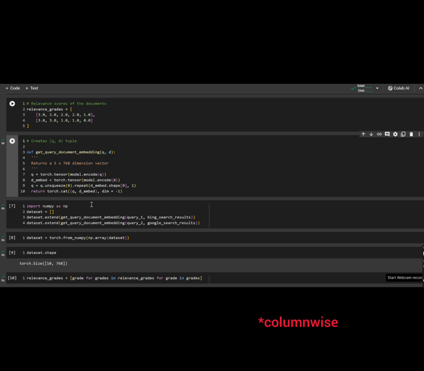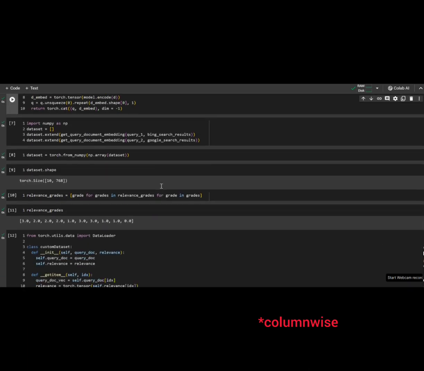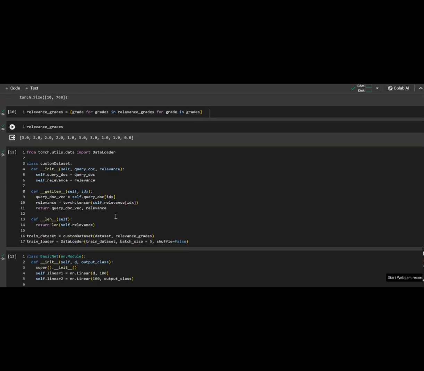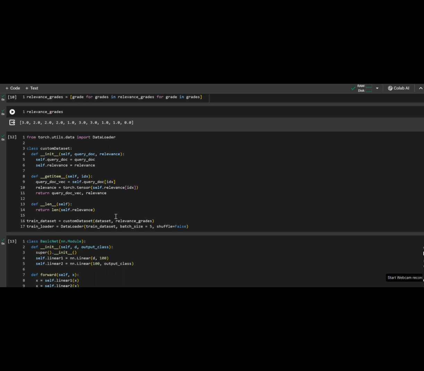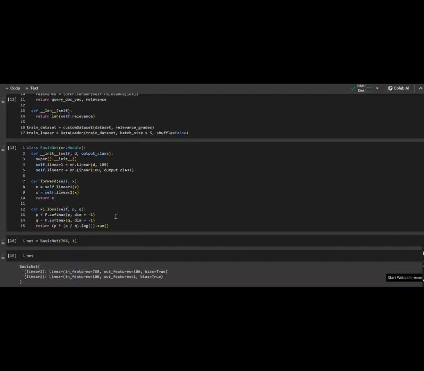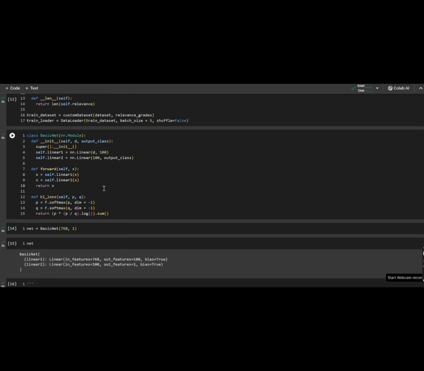And this is the custom data loader, and the batch size should be the total number of documents in a given query. And this is our ListNet architecture. This is a custom ListNet, totally a DIY neural network. You can use your own.